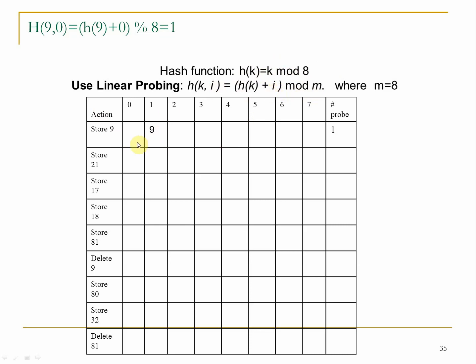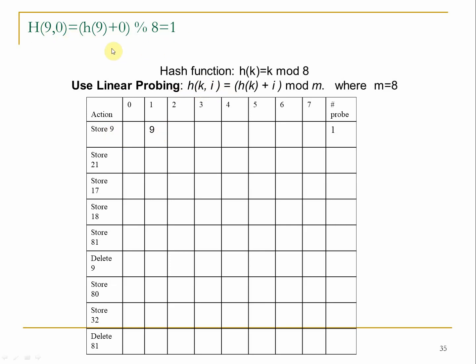Therefore, take a look at this one, the same example that we have introduced. Starting from store the value of 9, we feed 9 into the hash function over here. i starts with 0, so I put it into the equation.